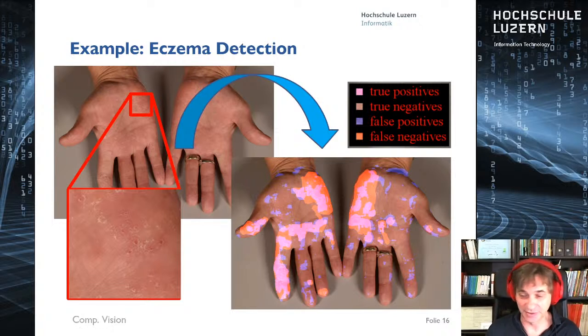We will hear a bit more about the project later. One idea was to help the doctors, for example, to measure the area affected by the disease, something that is not so easily done by a doctor who can just look at the hands.